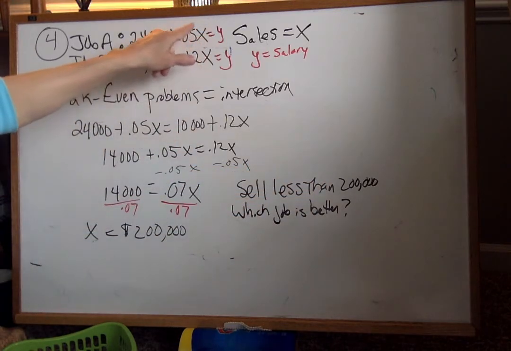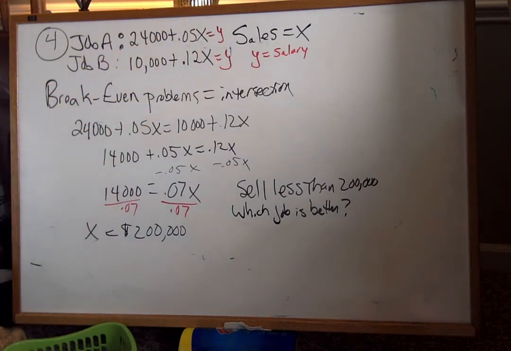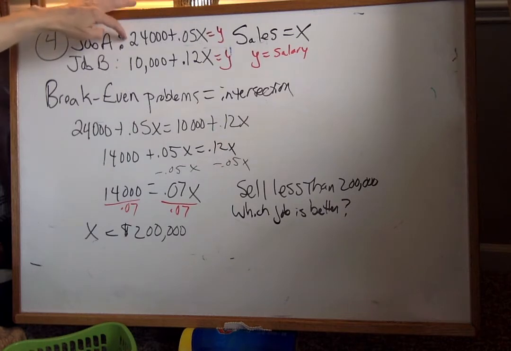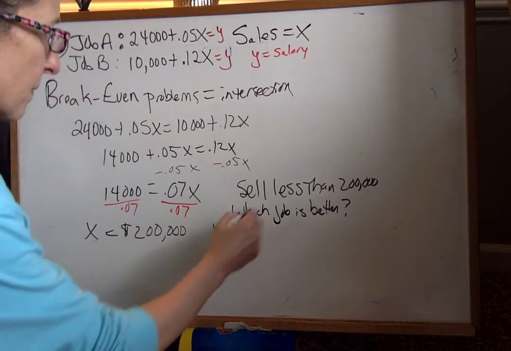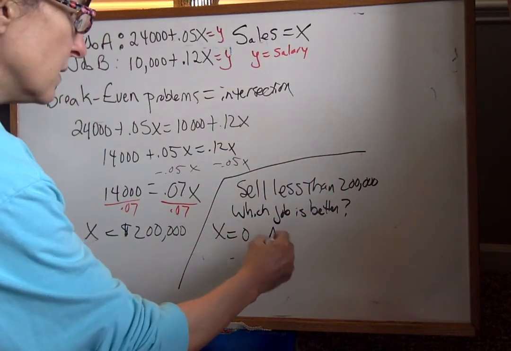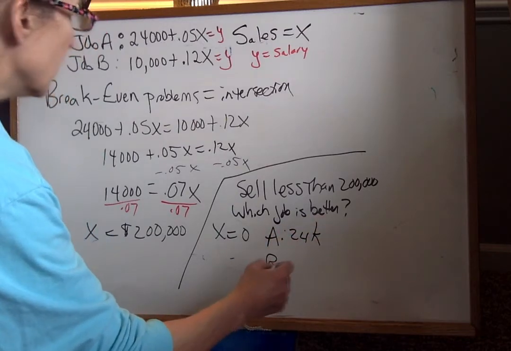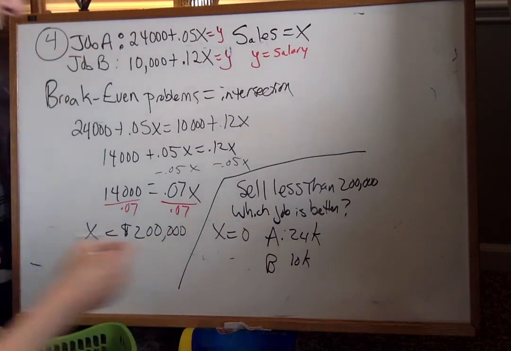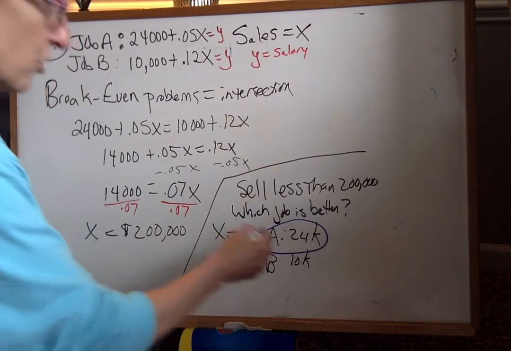And if you put 0 in here, these numbers fall completely out. I don't even have to think about them. So yeah, job A is better. If you put 0 in on job A, you're going to be making 24K, and on job B, you're going to be making 10K. So I'm absolutely taking job A.